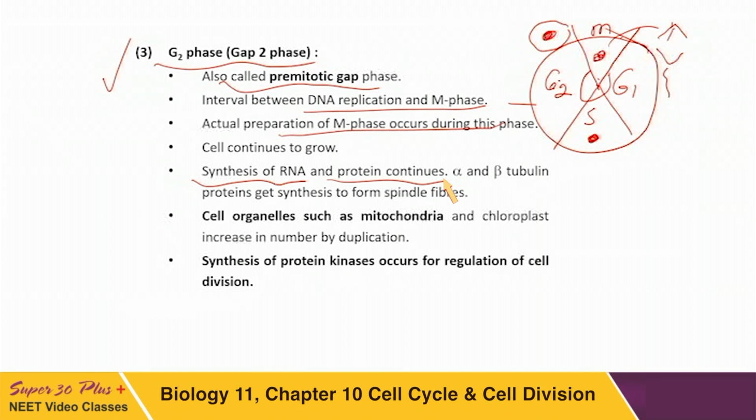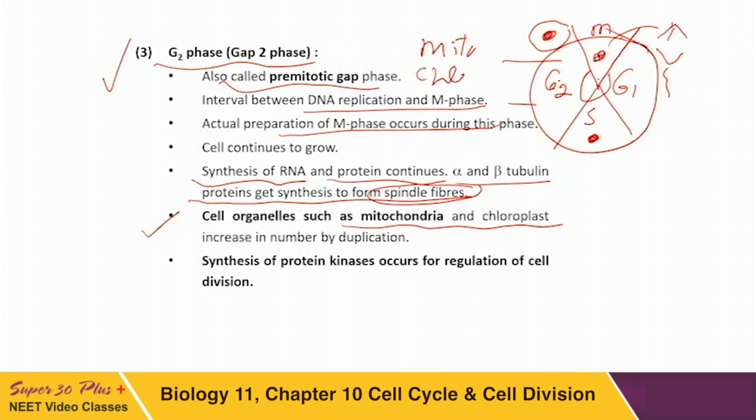Therefore, the proteins that make spindle fibers, alpha and beta tubulin, will also be synthesized. An important point is that cell organelles such as mitochondria and chloroplast will also be duplicated here in G2 phase.